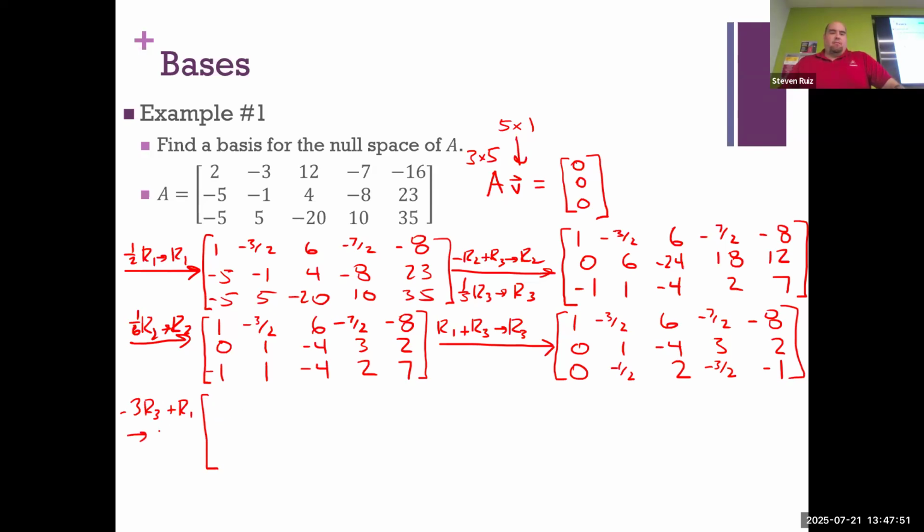To where? 1, 0. Oh, 0. 1. -5. Oh, no more fractions.